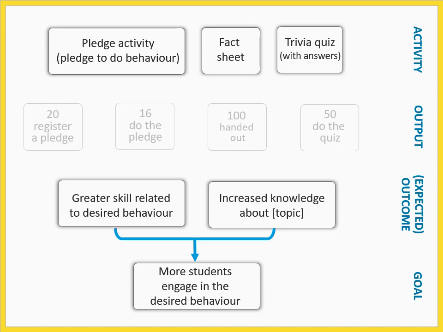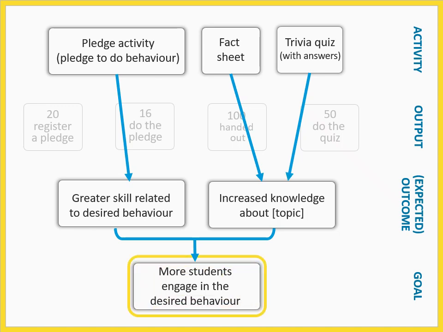Setting up a logic model like this forces you to consider whether specific activities will ultimately serve the goal. In this case, having more students engage in the desired behavior. If your goal is behavior change, but all of your activities are things like fact sheets and quizzes that lead to knowledge but not behavioral skills, then you won't achieve your goals.